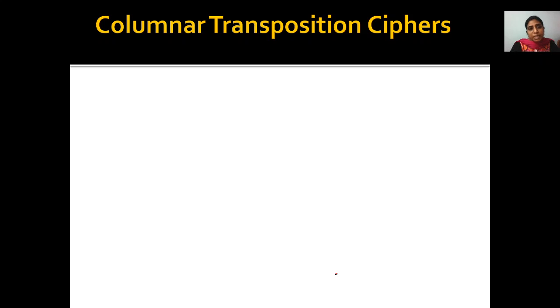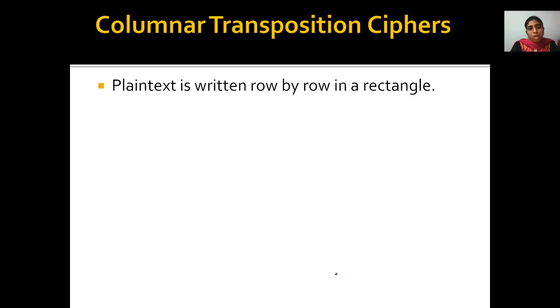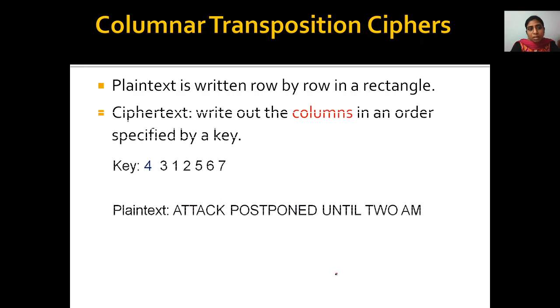So coming to the next method, that is the columnar transposition cipher. The plain text is written row by row in a rectangle, and we are going to write it down in the form of columns according to a specified key. So we are going to take the key value.